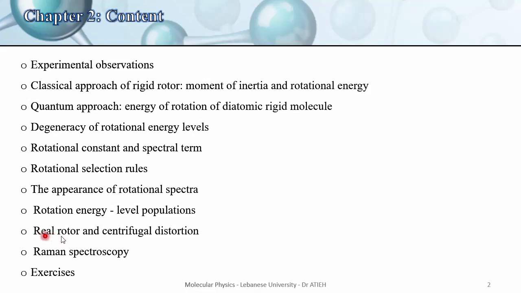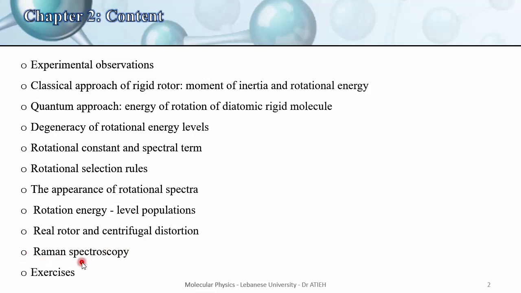After that, we are going to deal with a real rotor, because in all the previous parts we have dealt with a rigid rotor, where we considered our molecule to be rigid. Now we are going to consider a real rotor and try to calculate the centrifugal distortion, which affects for sure the shape of the spectrum and the separation of the rotational energy levels.